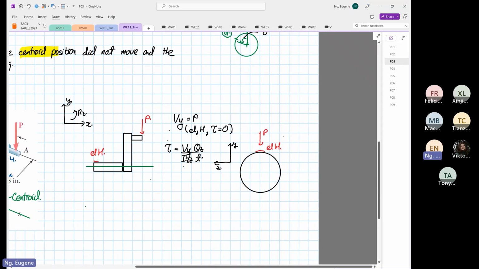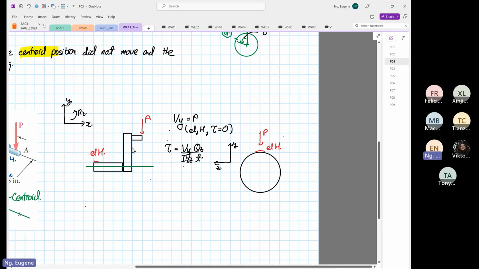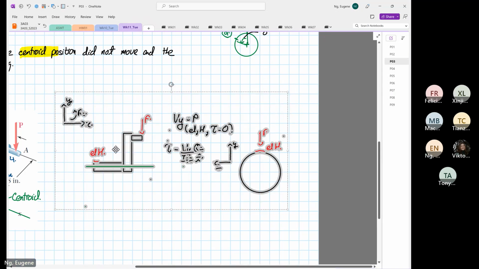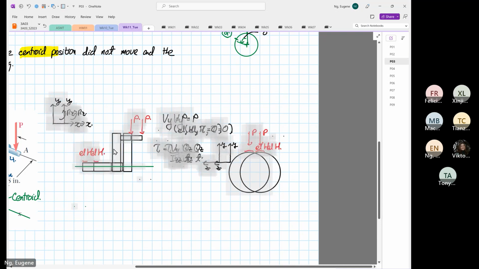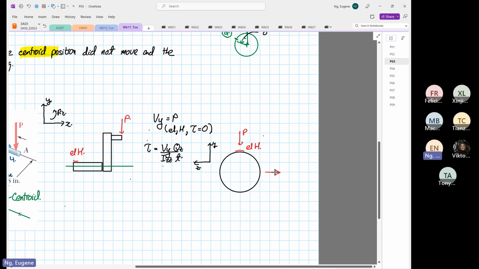And if we were to recall the shear stress distribution, if I were to sketch it, this looks familiar now.